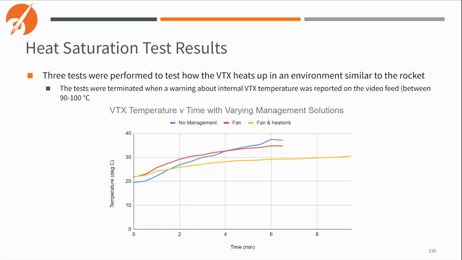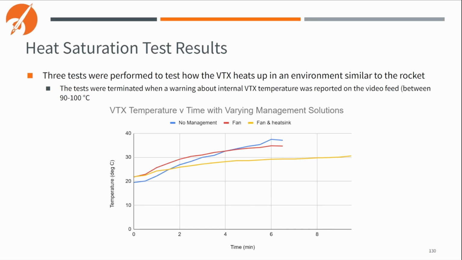In the test results, just the fan circulating was marginally better than the VTX on its own. However, when we introduced the thermal mass of aluminum, we found that it drastically reduced the rate of heating in the tube. It's important to note that each of these tests was terminated when we received a warning over the video stream that the internal temperature of the VTX was exceeding its safe temperatures of 9,200 degrees Celsius.